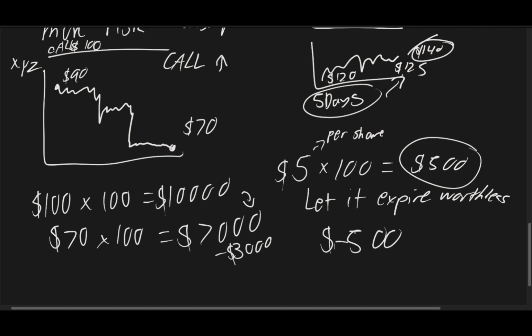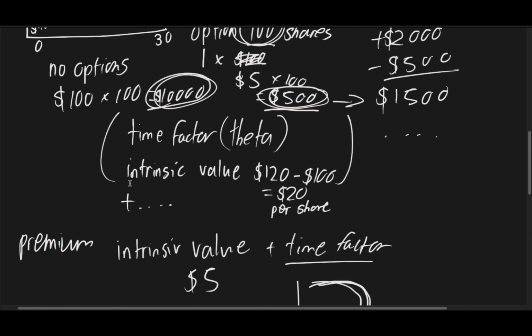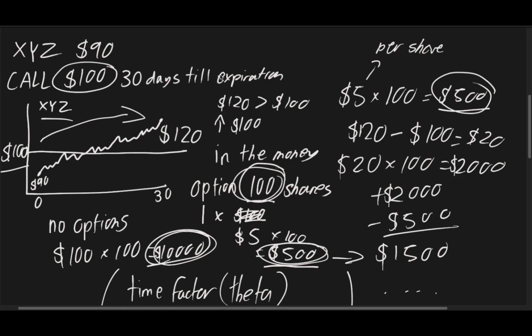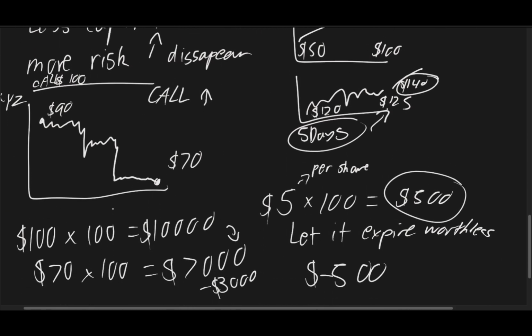Now you might be thinking, why don't I just put call options on everything? I'll just hope everything goes up. Well, the problem with that is you don't really know, and you might lose a lot of money in all the stocks. Because this is the rare extreme scenario: let's say one goes up 20%, this one goes down like 30% or close enough. So what happens if the stock just does nothing?